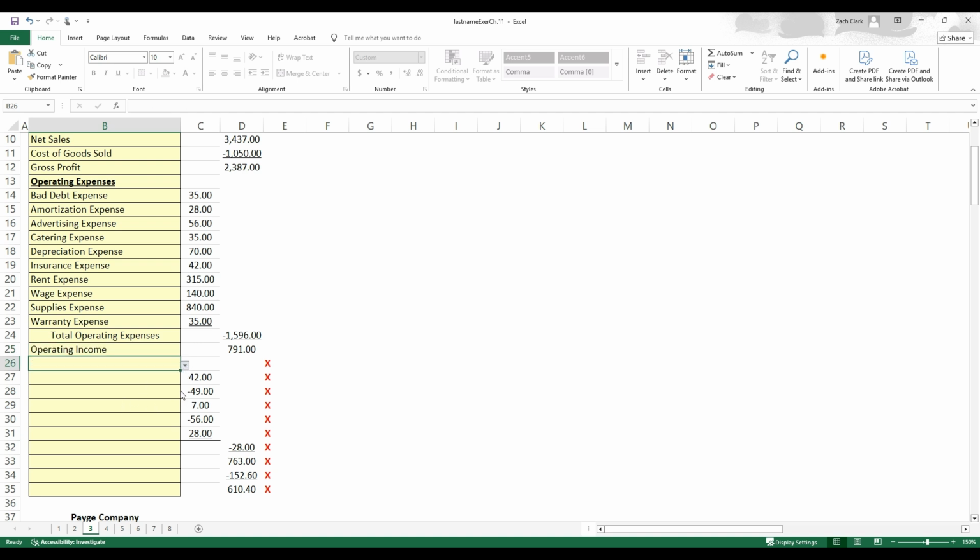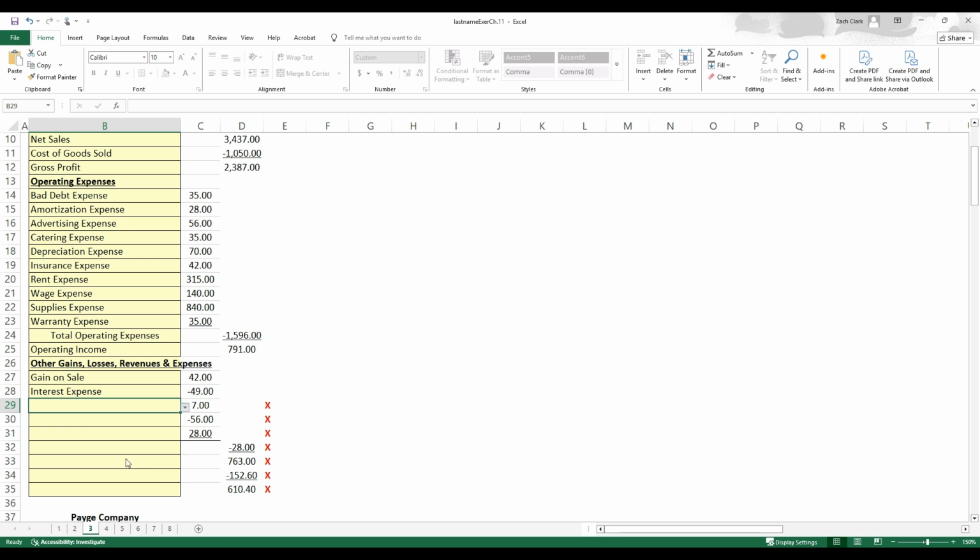And then, like I mentioned here, this is our other gains, losses, revenues, and expenses. In this section, again, we're going to have things like gain on sale. I guess this one we will need to line up positives and negatives to things that are positive and negative on net income. So the gain will be positive, like a revenue, and then interest expense will be negative. Maybe rent revenue, if we have that listed.